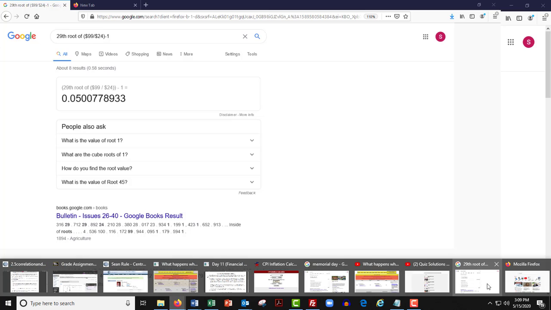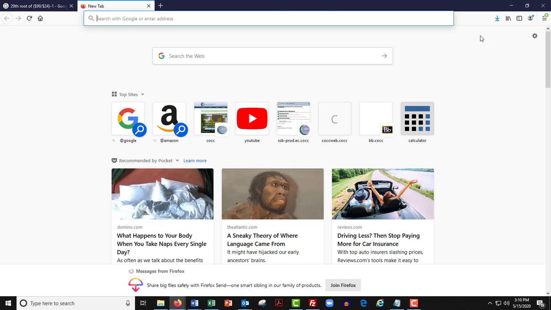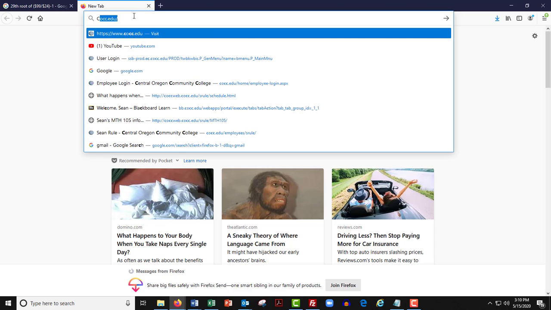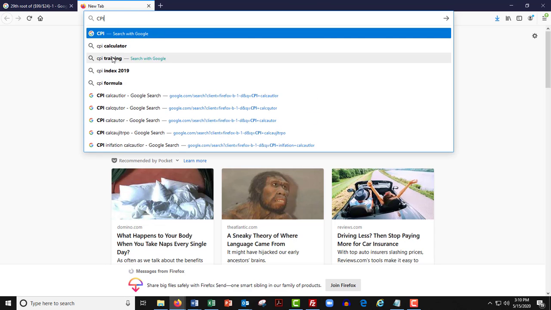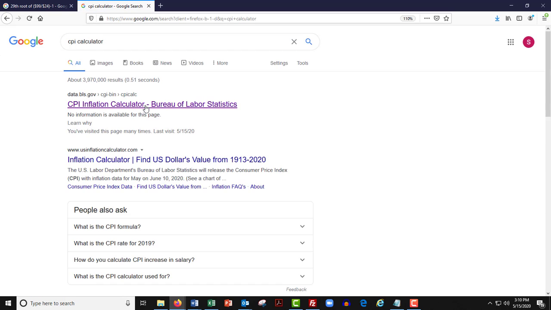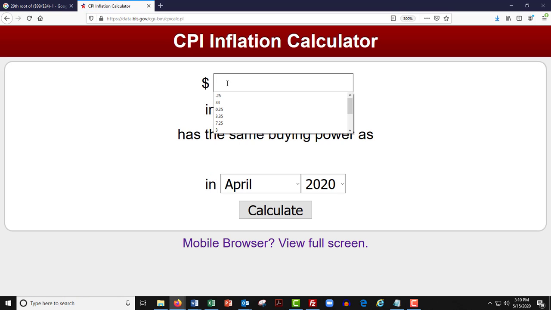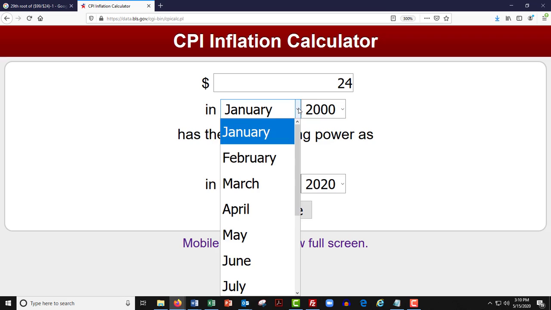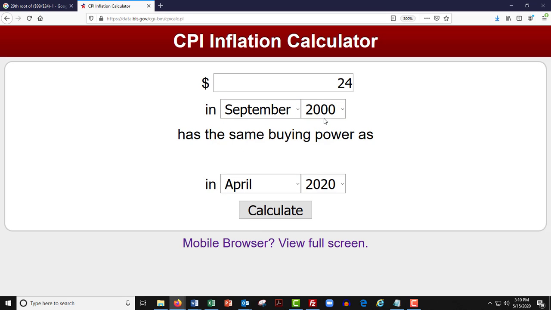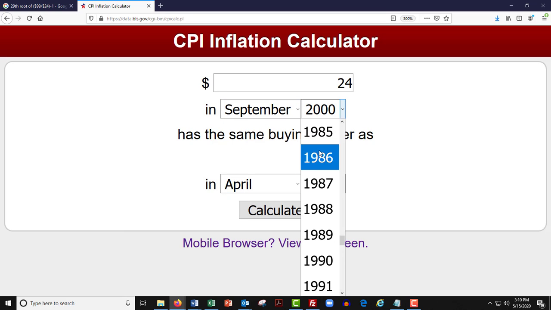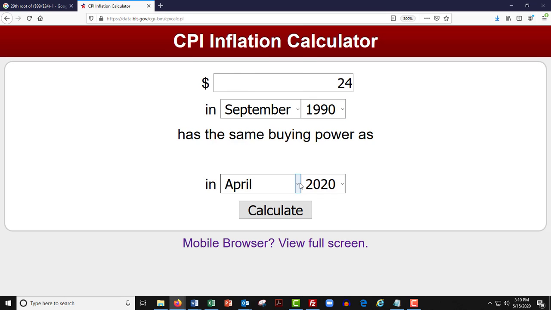Then I asked you to do inflation over the same time period. I can't find the CPI calculator, I have to go look for it again. CPI Inflation Calculator. So if you start with $24 in September of 1990, and inflate it forward to September of 2019, it would be worth $46.44.